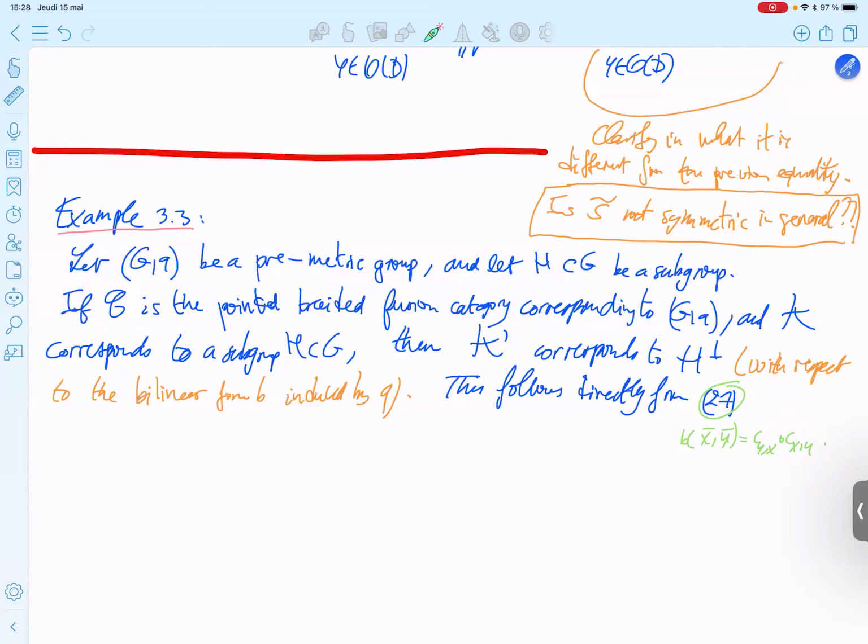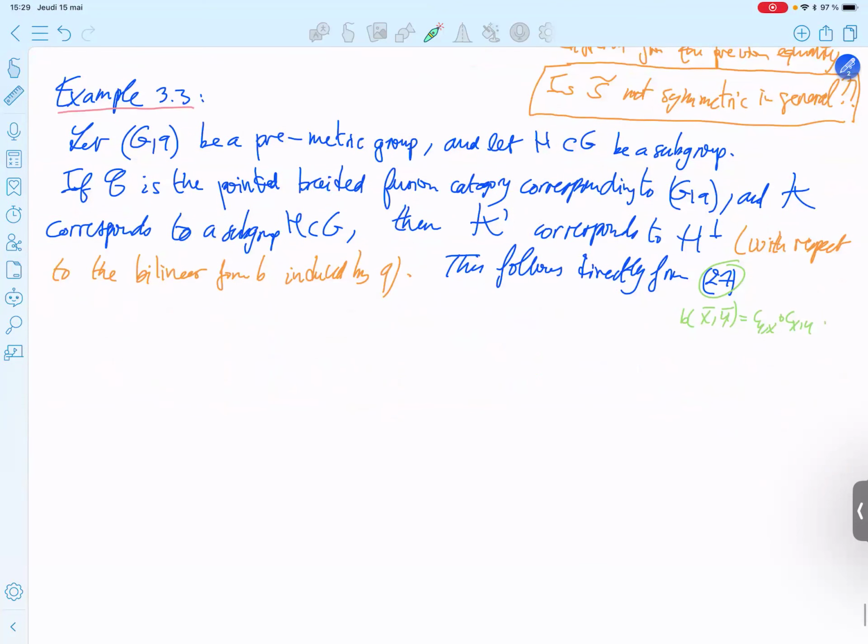So now we will consider the main properties of the centralizer. In the pointed case, these main properties reduce to well-known properties of orthogonal complements in group theory or premetric group theory, but we will not talk about that in detail.